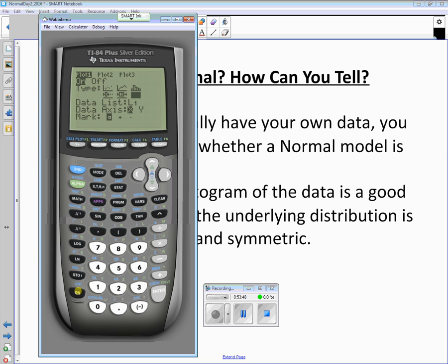Again, it graphs the x value versus the z-score. Okay? And if we zoom stat, in this case we're looking for relatively linear.